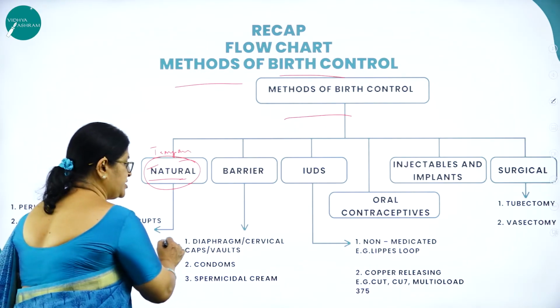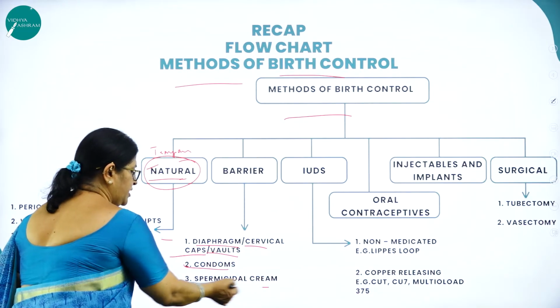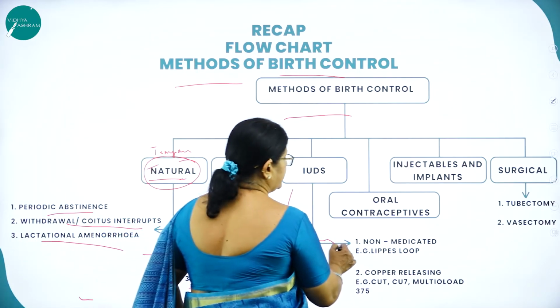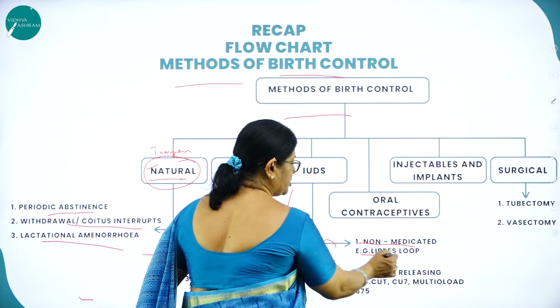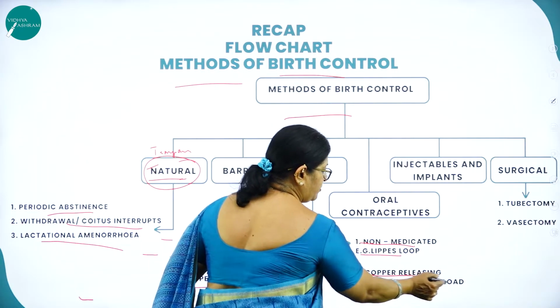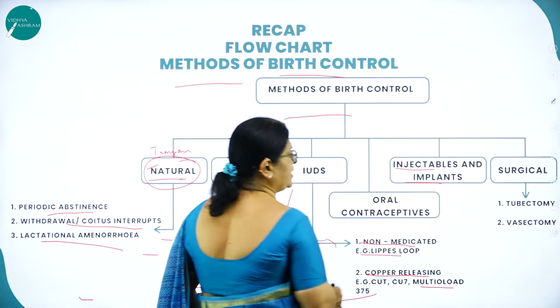Then barrier methods like using diaphragms, cervical caps, vaults, condoms, and spermicidal cream. Then IUDs: non-medicated like Lippes loop, and copper releasing like Copper T, Copper 7, and Multiload 375. Then we have injectables and implants.